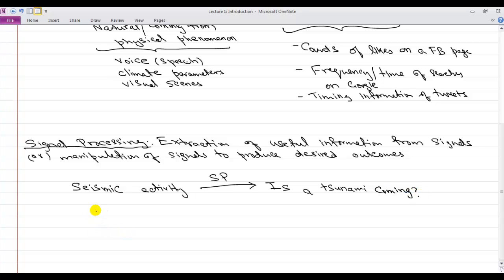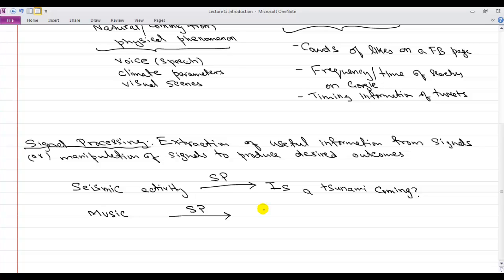Now, on the other hand, if you talk about manipulation of signal, let's say you have some music, which is a signal, and you want to manipulate it using signal processing. What you want to do is perhaps increase the bass of that music. So you have an equalizer, you want to increase the treble, or you want to adjust how the tune sounds. Right? That's an example of manipulation of the signal.